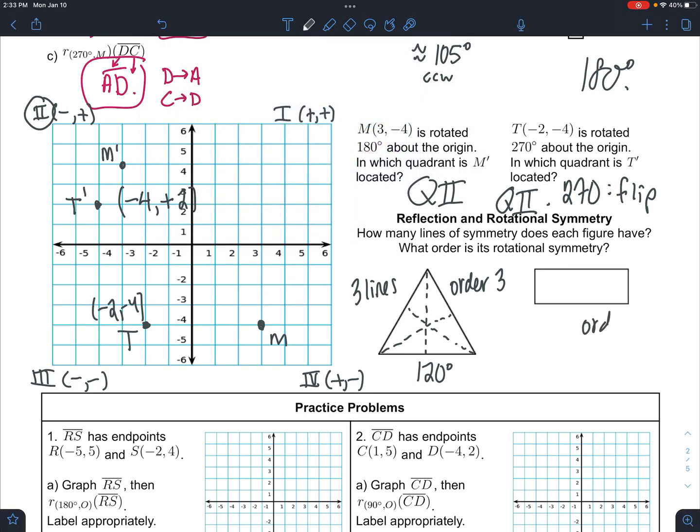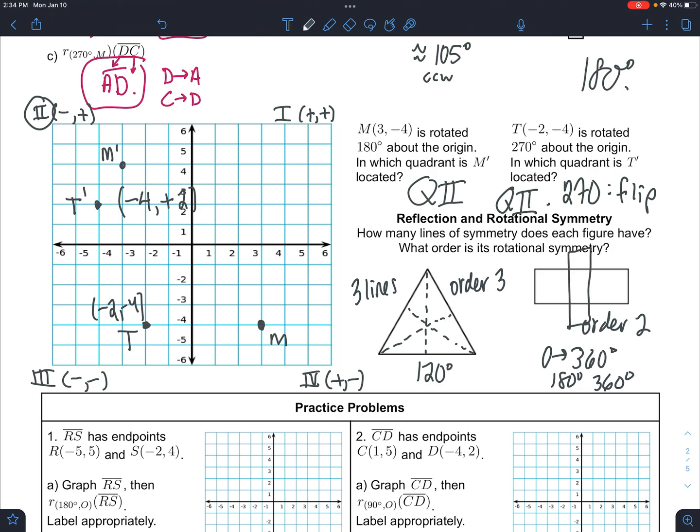Versus this rectangle, it only has order 2 rotation because it only lands on itself twice when you rotate 360 degrees, which is at 180 degrees and 360 degrees.